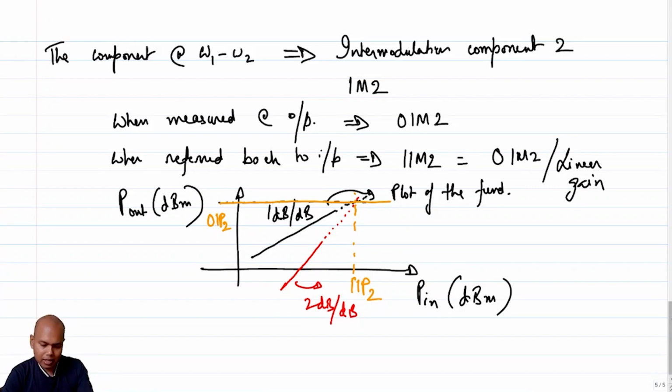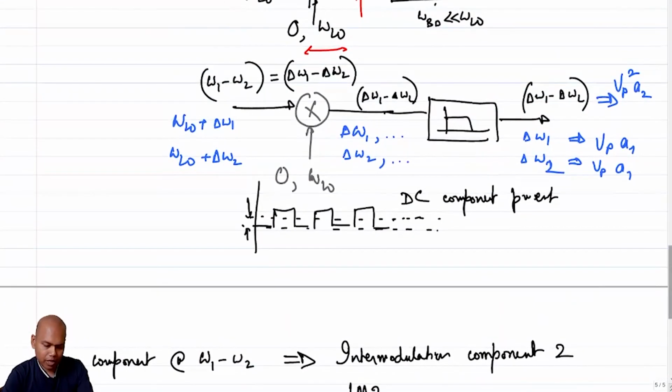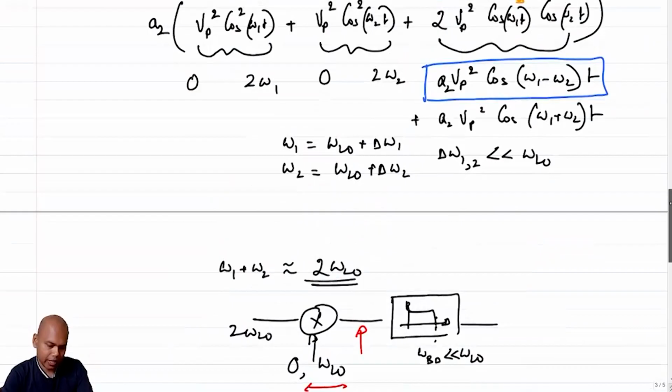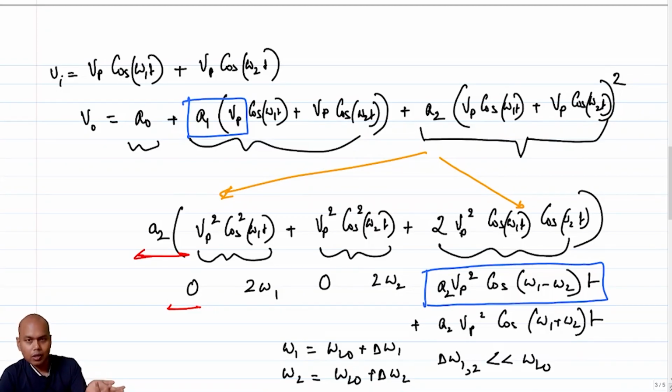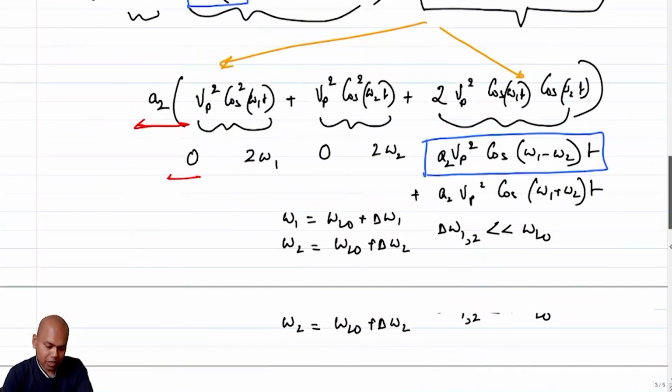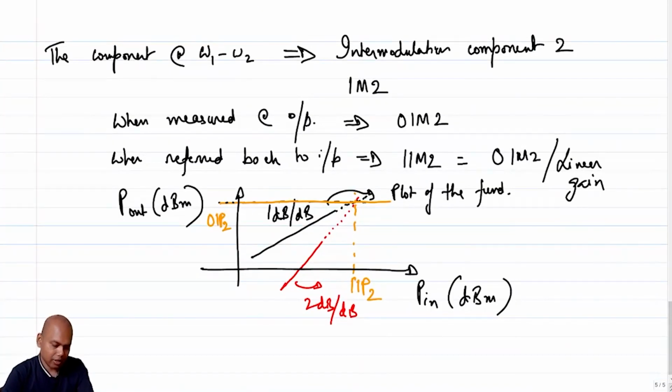You can immediately understand that if you look at the fundamental itself, it is going to get affected by A2 also, because the expansion of this Vp squared cosine square omega 1 is also going to affect it. So your fundamental should not ideally be an exact 1 dB per dB line; it gets affected by that A2 also.